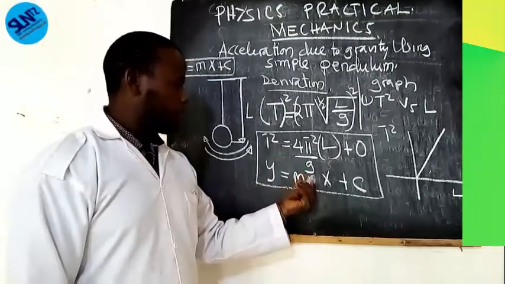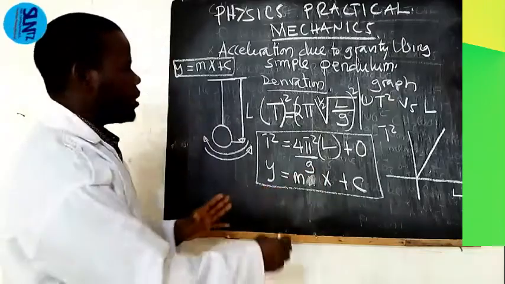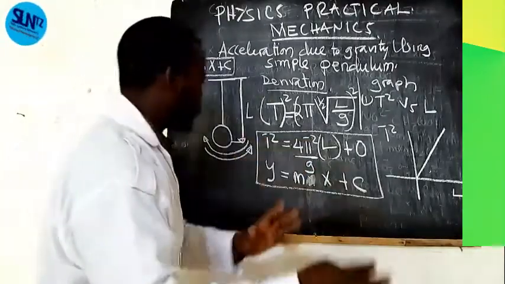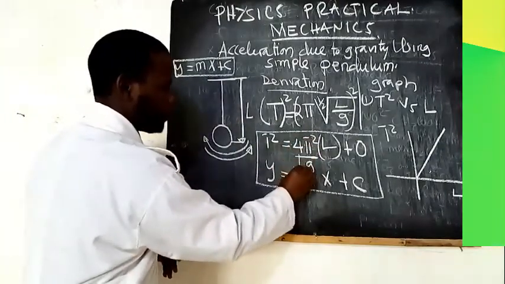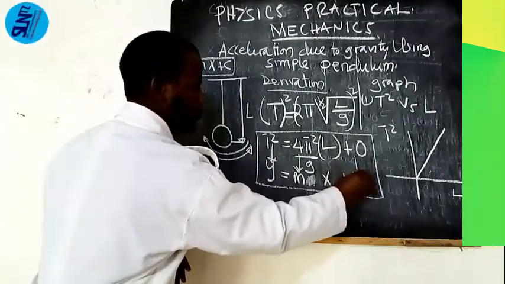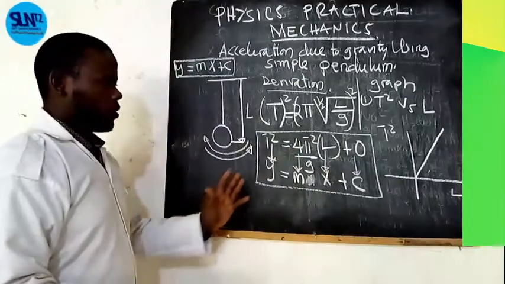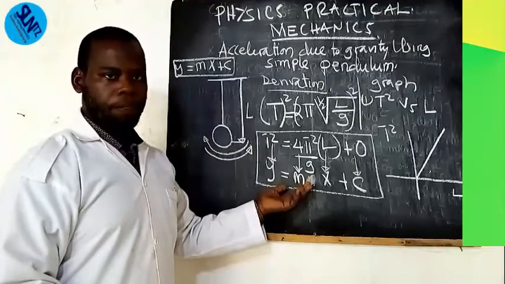How to find the acceleration due to gravity will be derived from the graph. It means this one is equal to this one, and this one is equal to this one. So which value has g here?